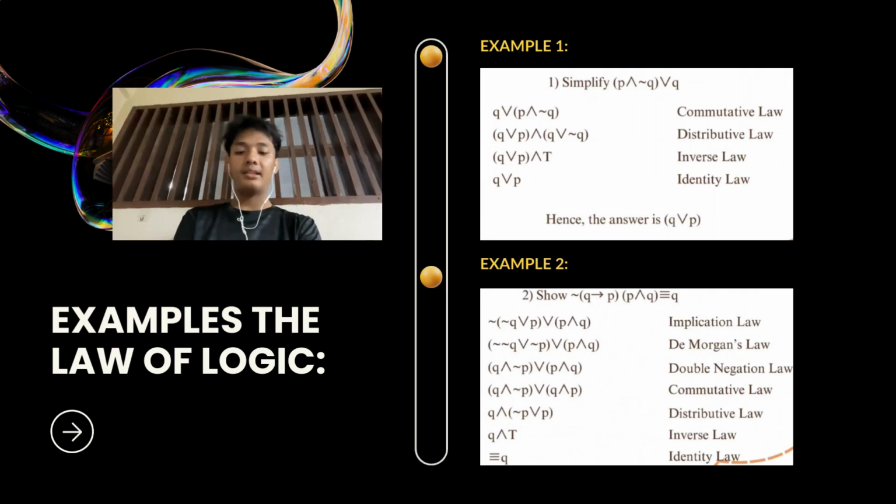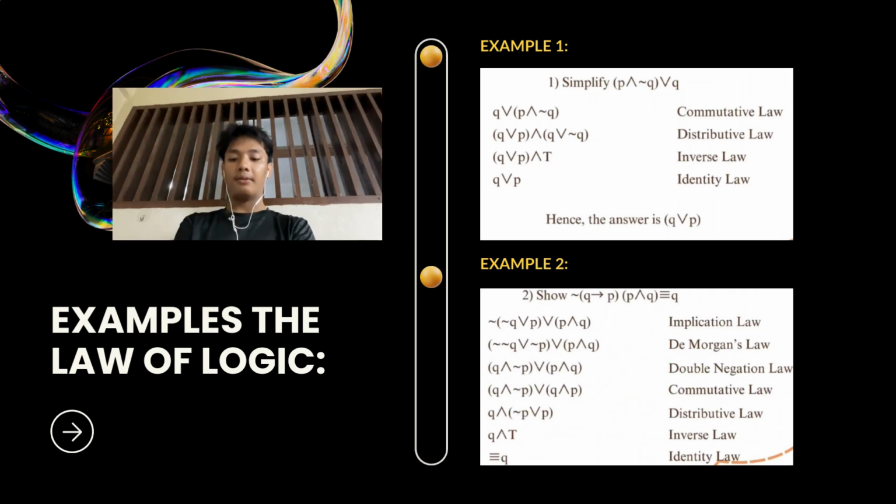Okay, next we go to the example. To show negation Q implies P, P and Q is Q. First, we have to use the implication law. Second, we have to use De Morgan's law.